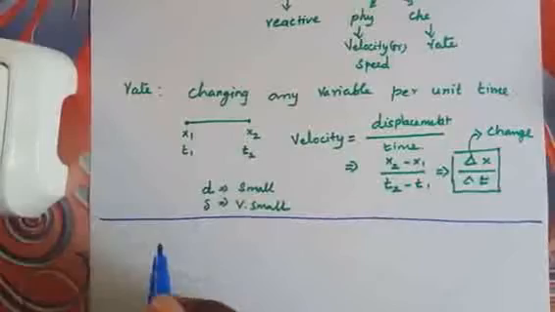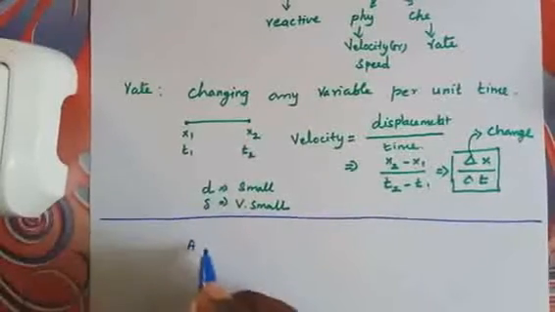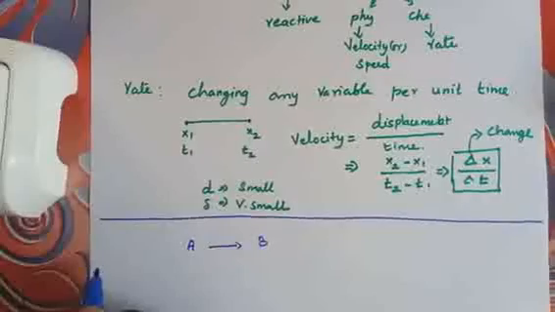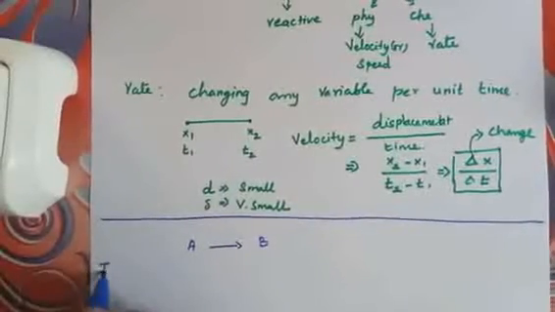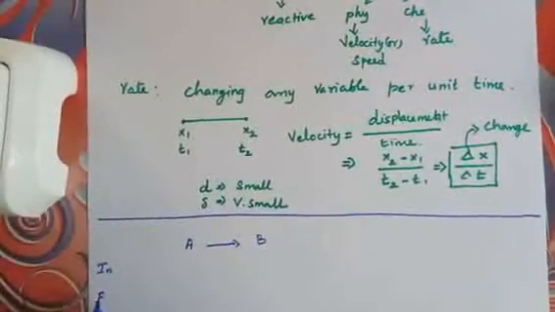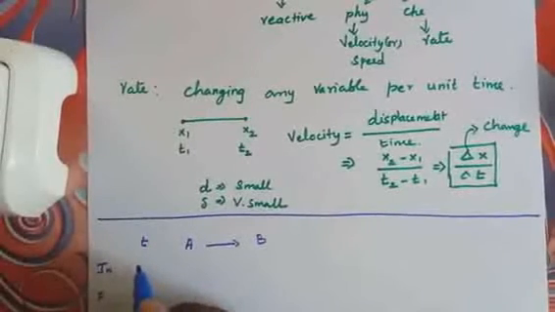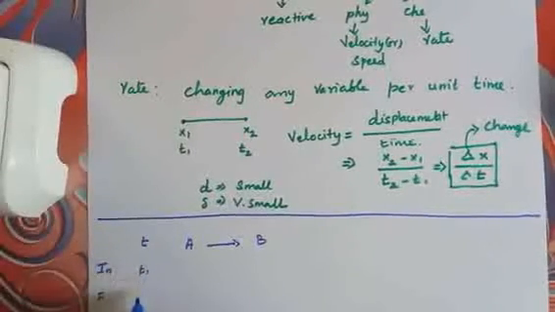Consider a chemical reaction: reactant A gives product B. The reaction moves from initial to final. The times of initial and final are noted as t1 and t2.